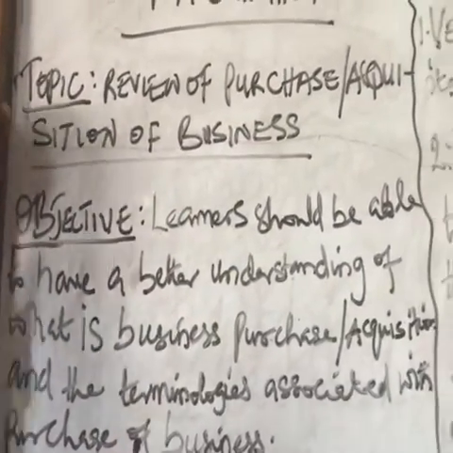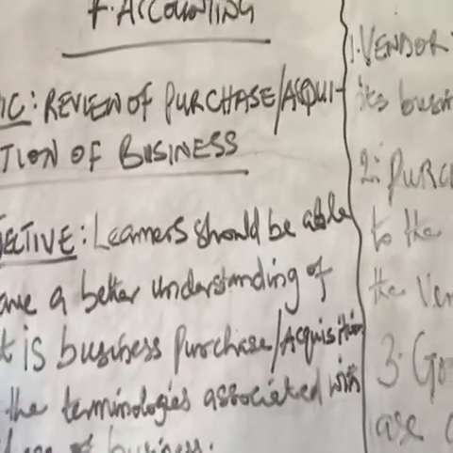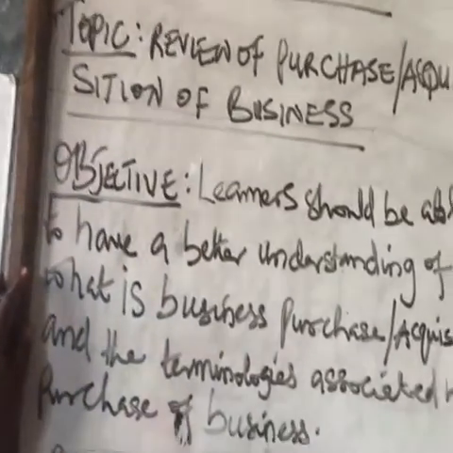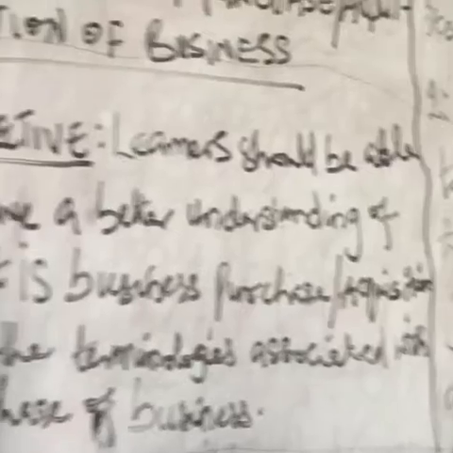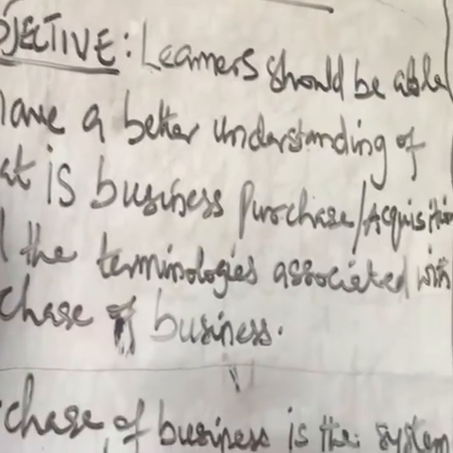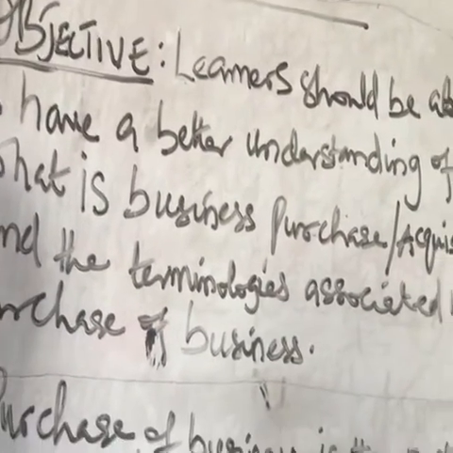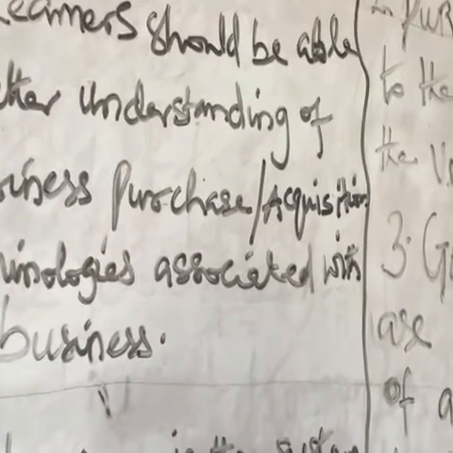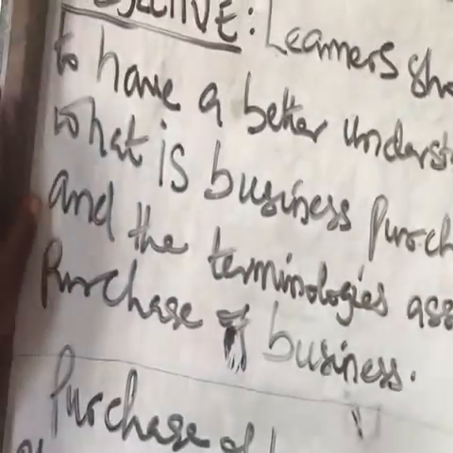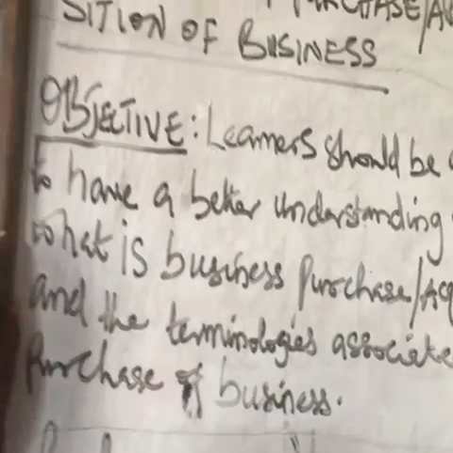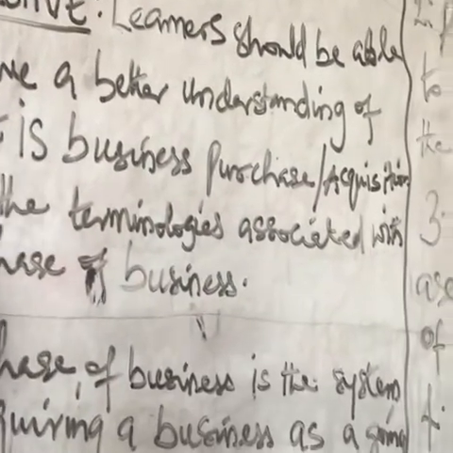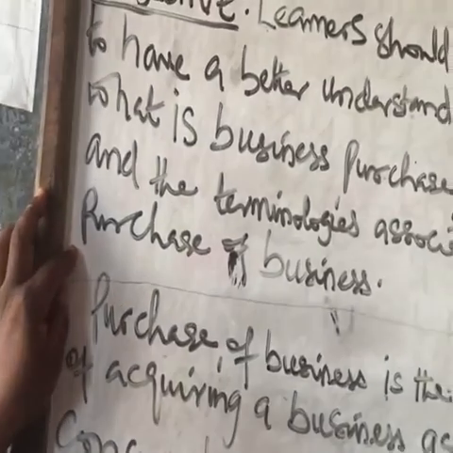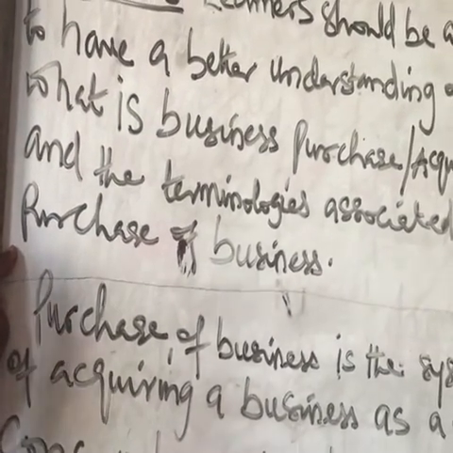And our objective for this study, at the end of this lesson, students should be able to have a better understanding of what is business purchase or acquisition of business, and the terminologies associated with purchase of business.